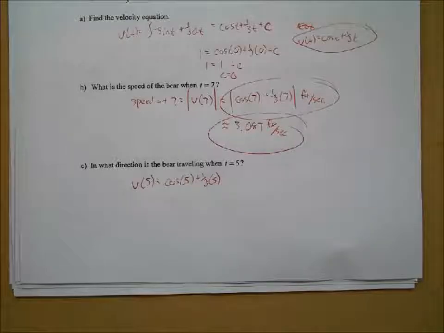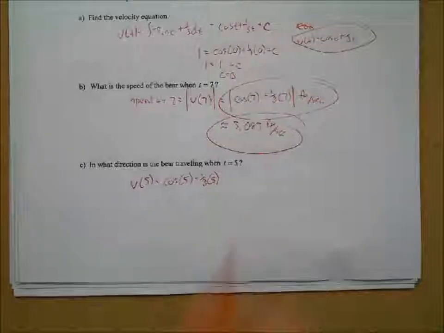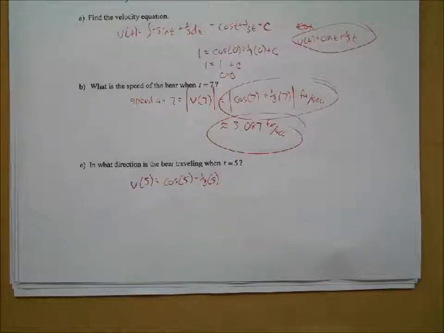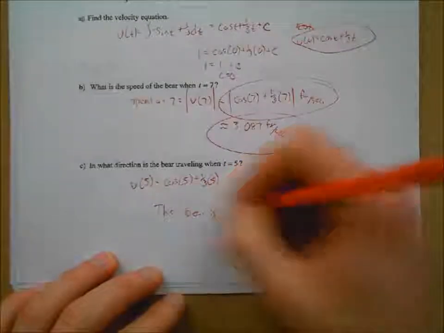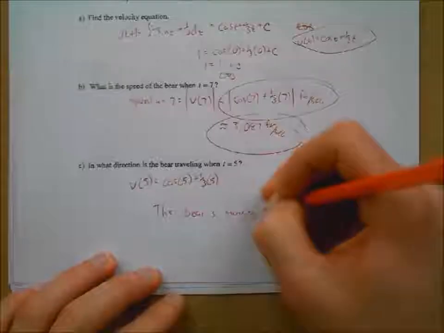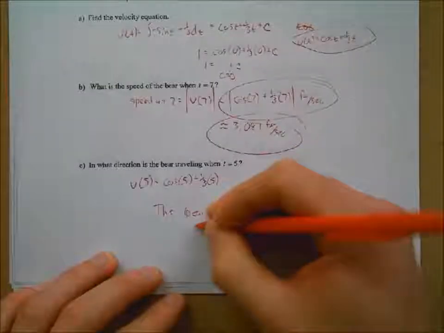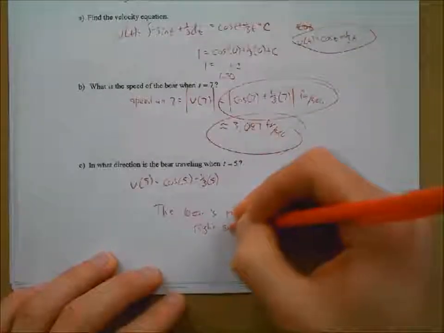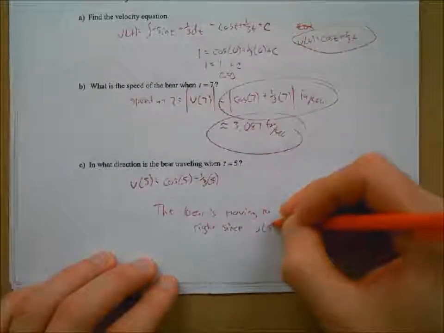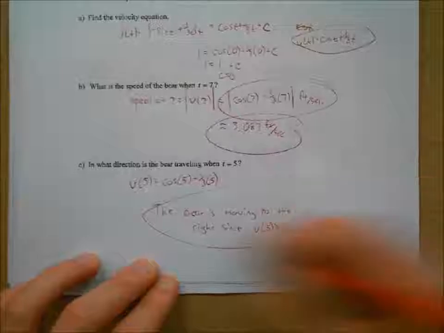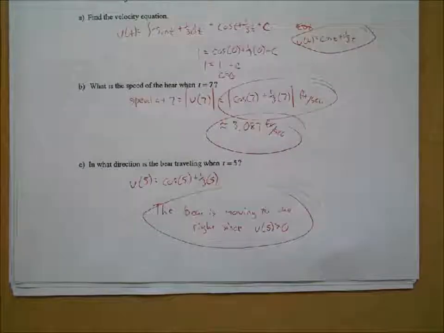So this has got to be positive. We don't even need a calculator for this. So it's got to be positive, which means the bear is moving in which direction? To the right. The bear is moving to the right since v of 5 is greater than 0.